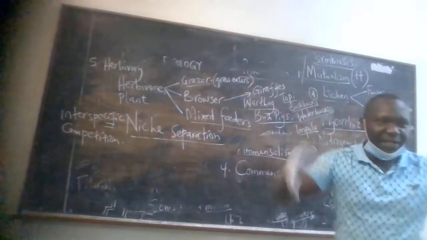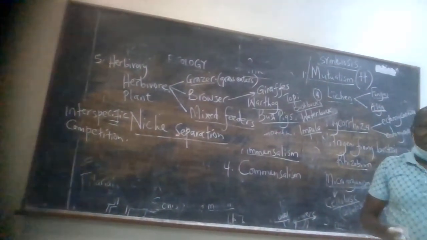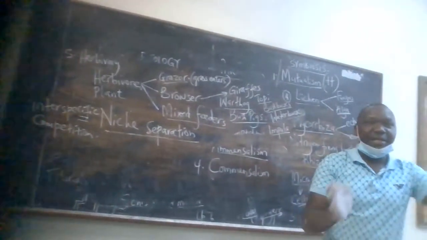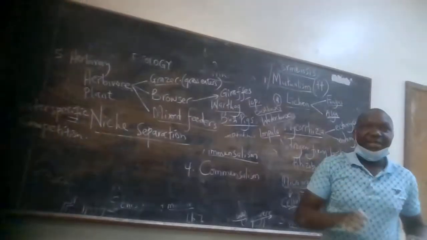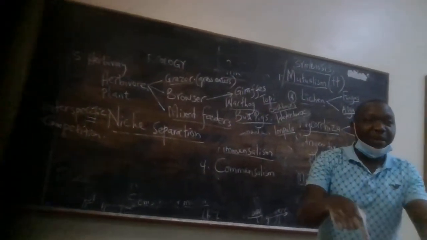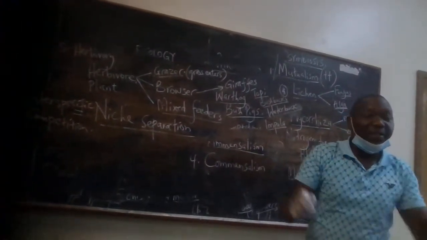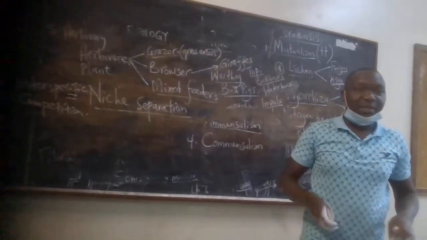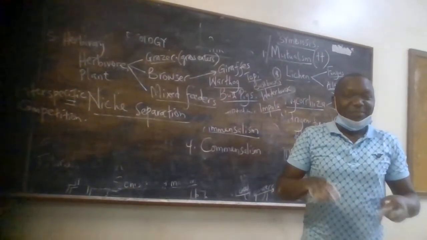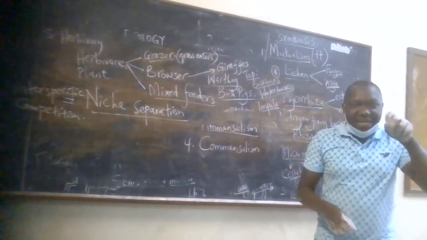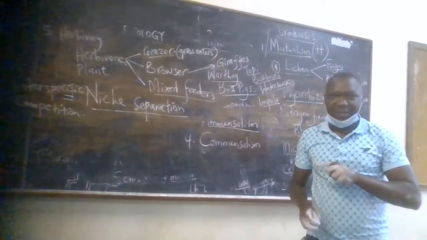A community of herbivores is divided into grazers, browsers, and mixed feeders, so that they do not feed on the same plant species, or they do not feed on the same plant parts. That is what I'm calling a niche separation.